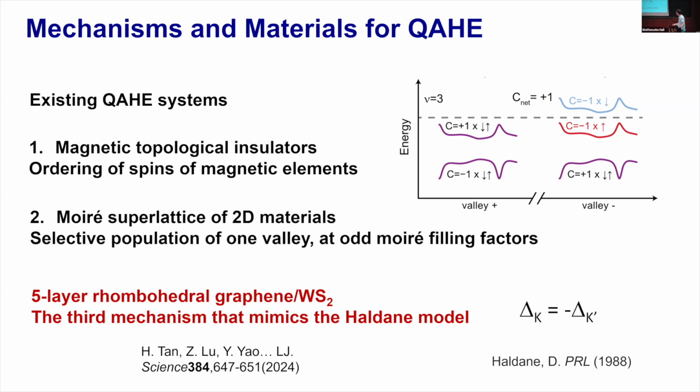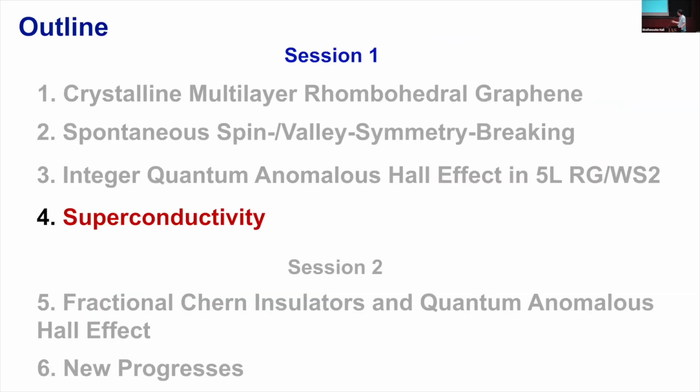So we think through this toy model, we realize the Haldane model by borrowing several ingredients: correlation of flat band, gate tuning of displacement field, and the spin orbit coupling from the neighboring WSe2 layer. And that's how we can make this anomalous Hall effect quantized.